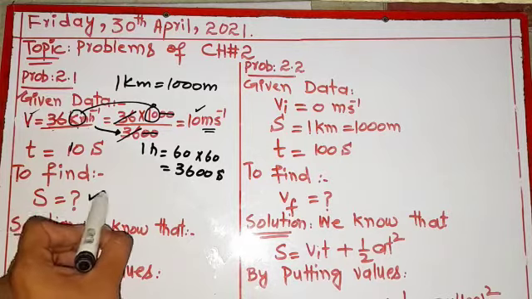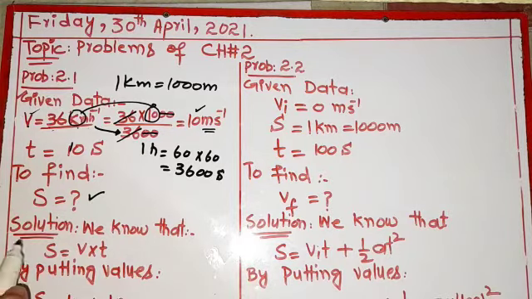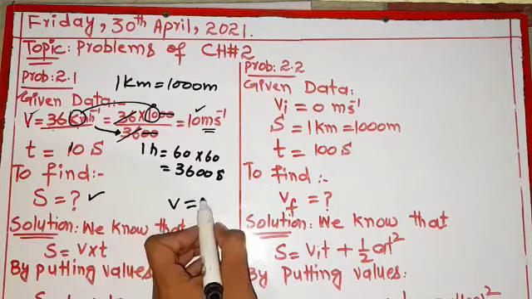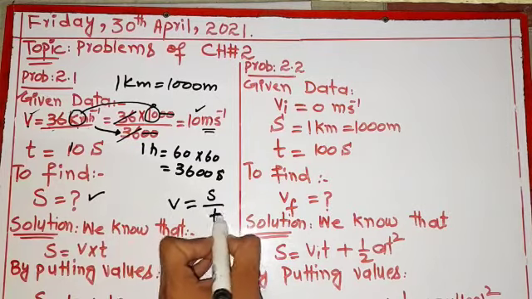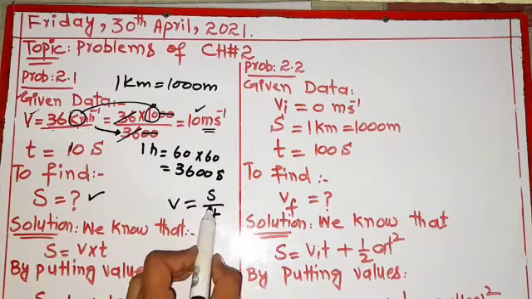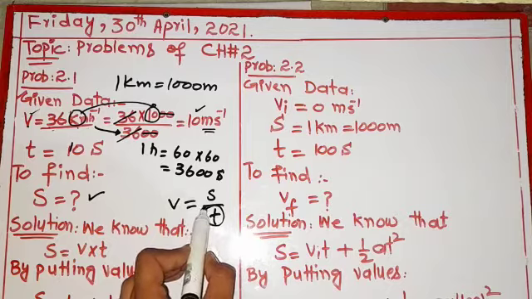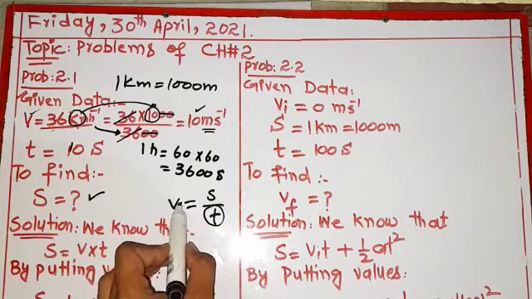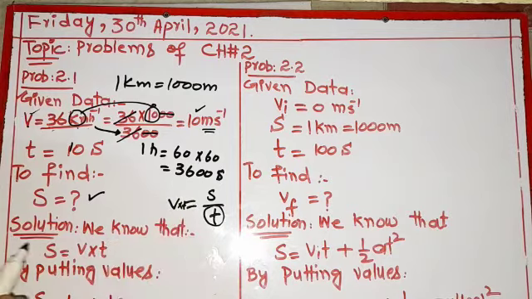To find distance, as we know, speed is equal to distance over time. Time is divided here, so it will be multiplied with speed on the left side. So S will be equal to V multiplied by T.